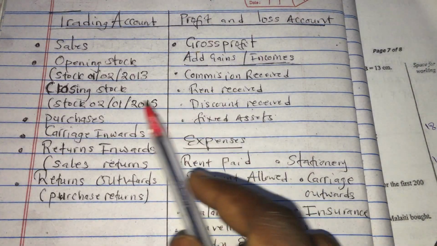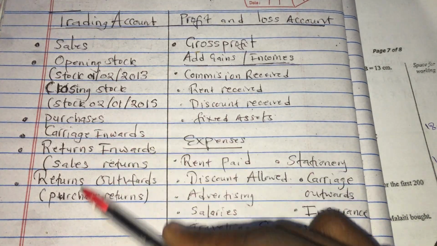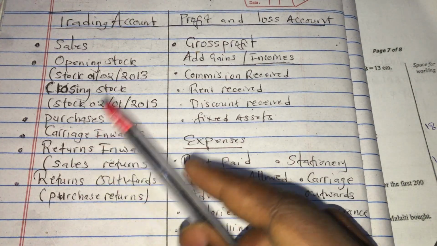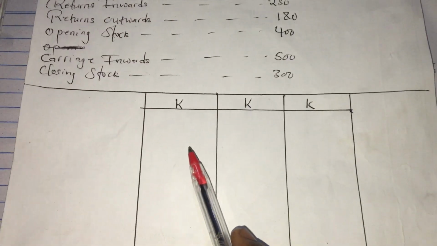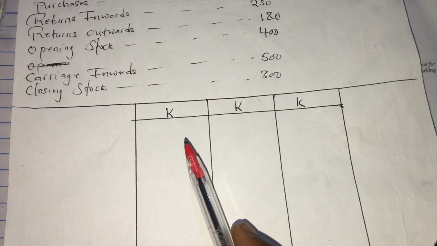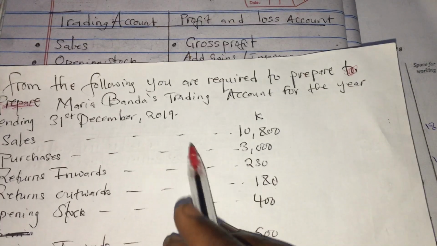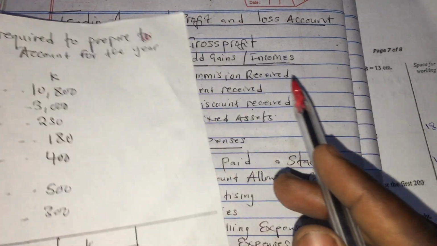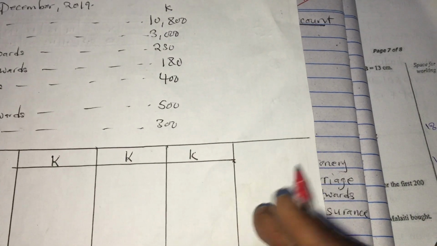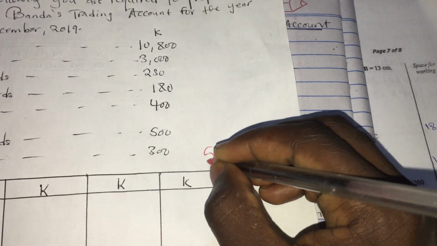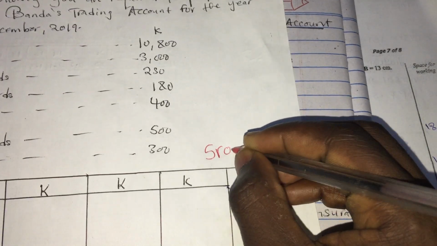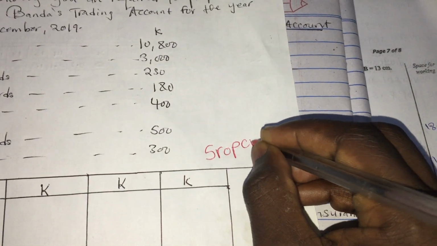So if you check, these are the items you have seen. So now we also have the amounts here. Then we do have a table. All right. So now here, the trading account, you can simply abbreviate it. You can simply write this name in order for you to remember it easily. All the items, you just write the name Swapco.